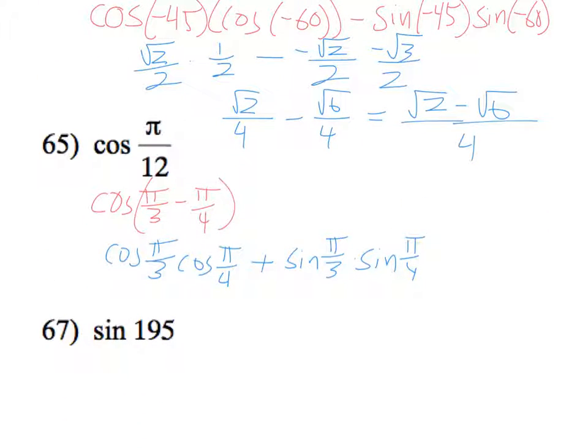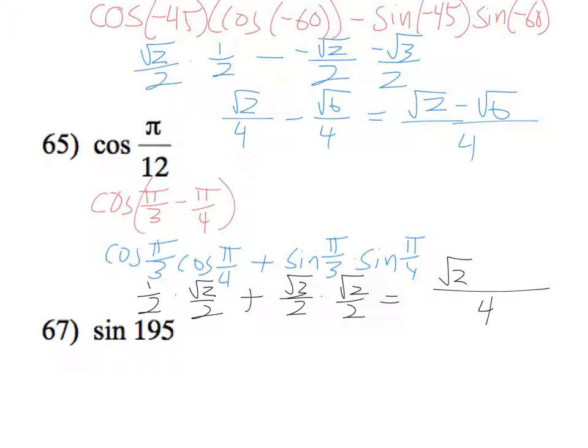That's going to come out to a half times root 2 over 2 plus root 3 over 2 times root 2 over 2. Altogether, that's going to be something over 4. Root 2 plus root 6 all over 4.